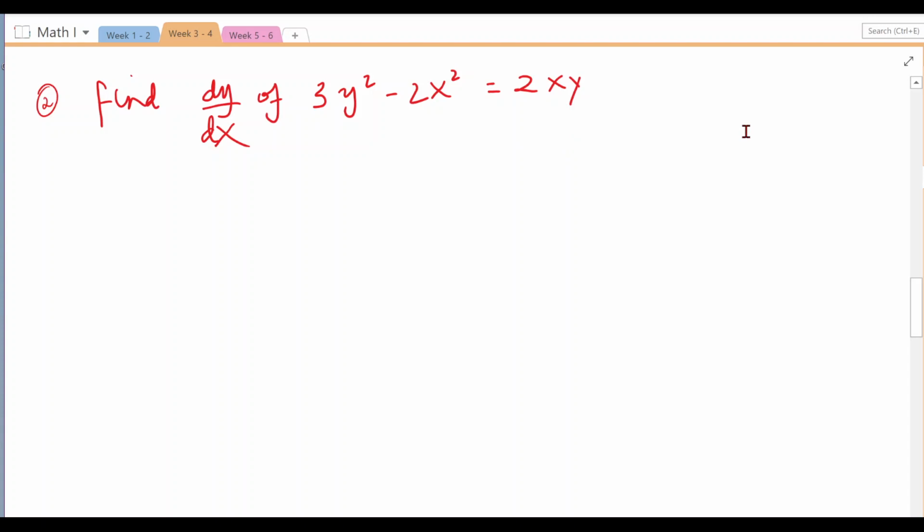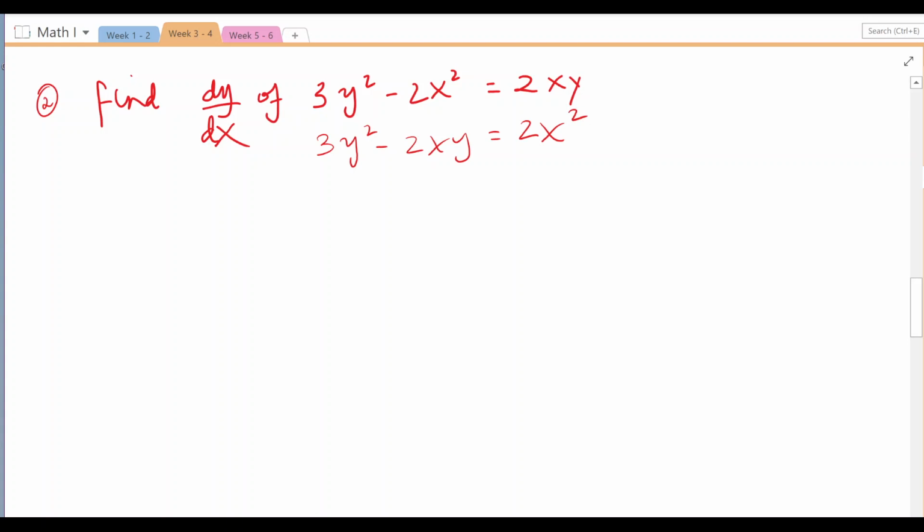Let's see. So in here, let me just switch on the pen. So we have 3y square, if you want, then minus 2xy equals 2x square.